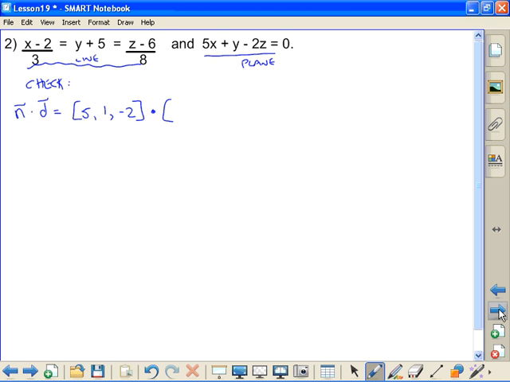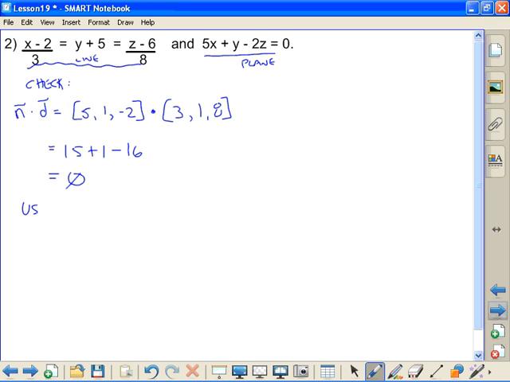And my direction vector would be 3, 1, and 8. So I end up with 15 plus 1 minus 16 equals 0. So now, because this is equal to 0, it's either parallel or coincident.